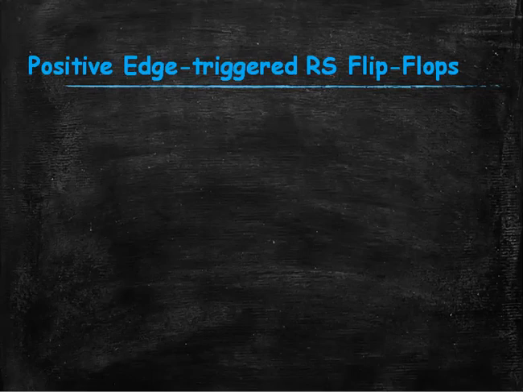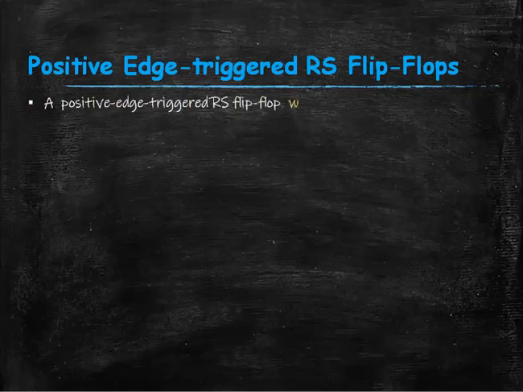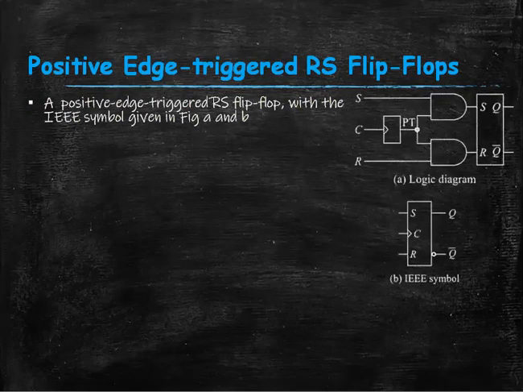It can be represented by an upward arrow. A symbol for positive edge triggered RS flip-flop is given in figure B, and the corresponding logic diagram is given in figure A.